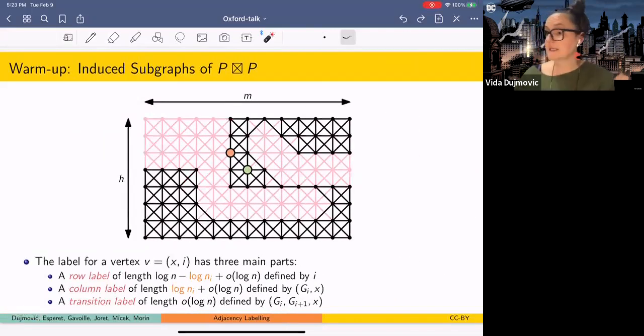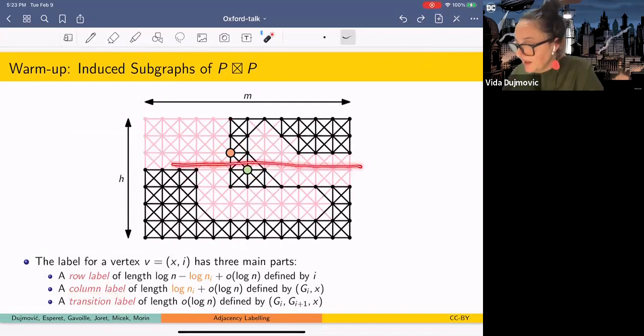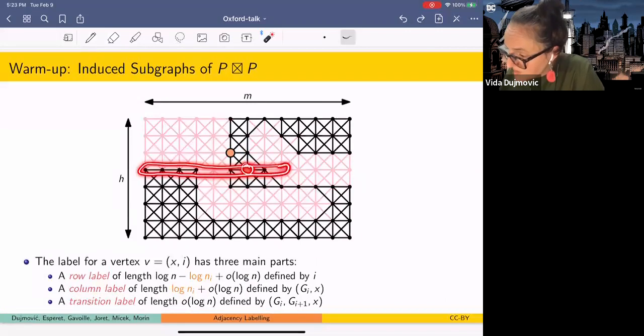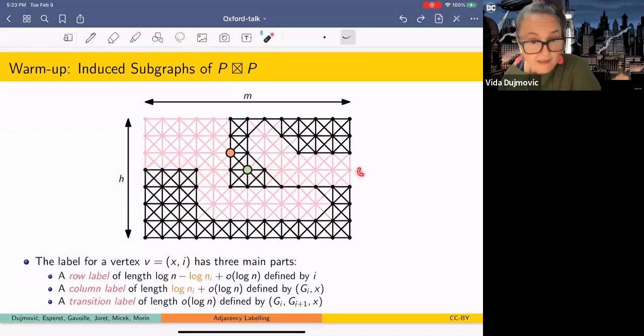Okay, but here's the problem. If I have two vertices, I look at their row labels, and the row label tells me they're not in the same row, but they are in two consecutive rows. Then you say, okay, no problem, I'm going to look at the column label. But the column label of this vertex here is based on the graph induced by row i.